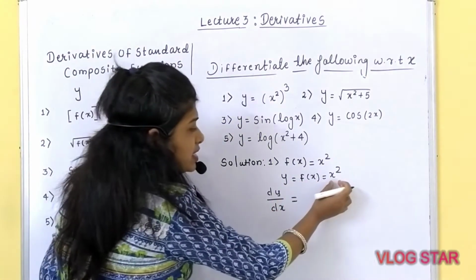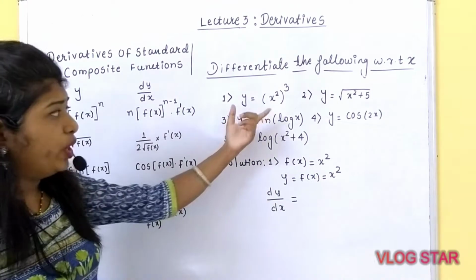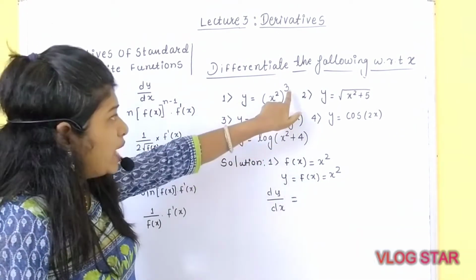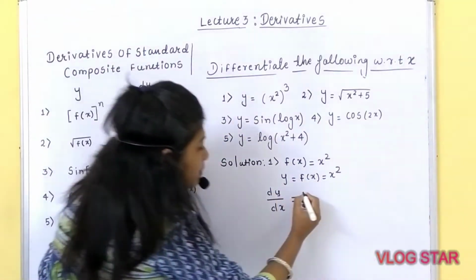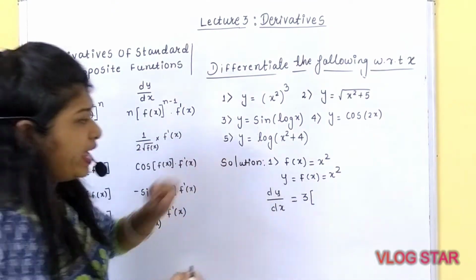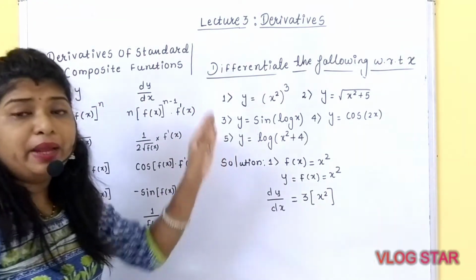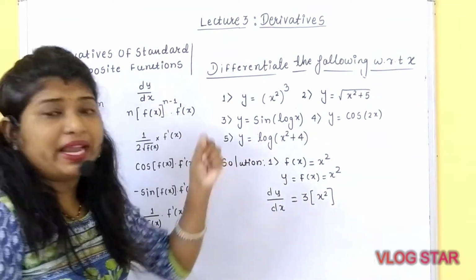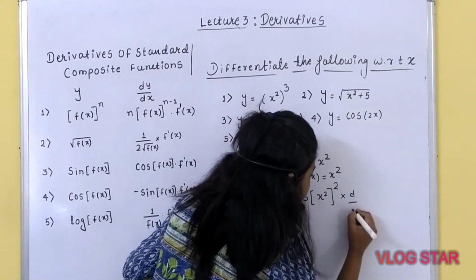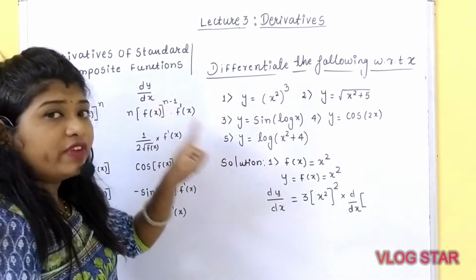If you equate with the standard formula and the given question, n is equal to 3. So simply write 3 into f of x, which is x square, raised to n minus 1, that is 3 minus 1 equal to 2, into the derivative of f of x.